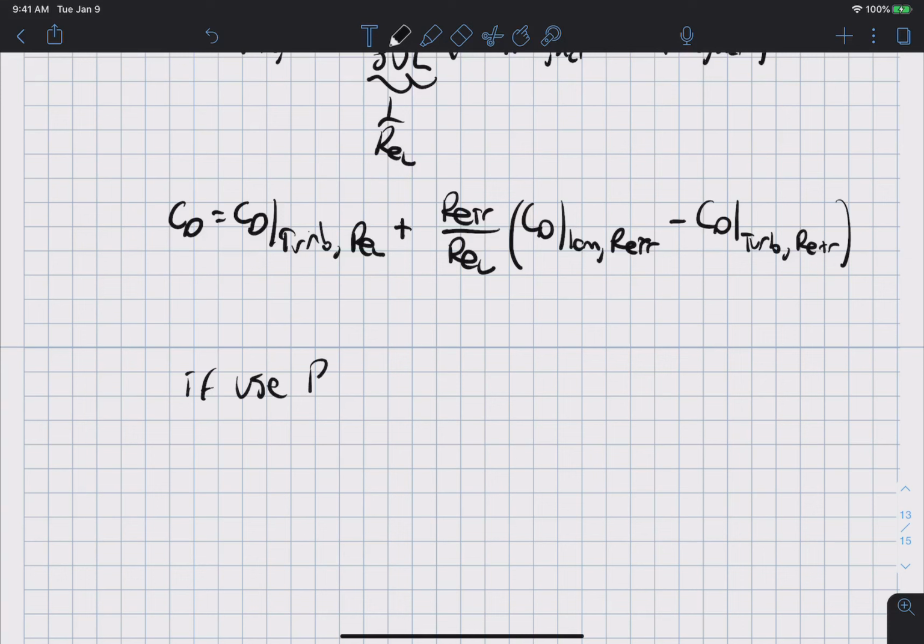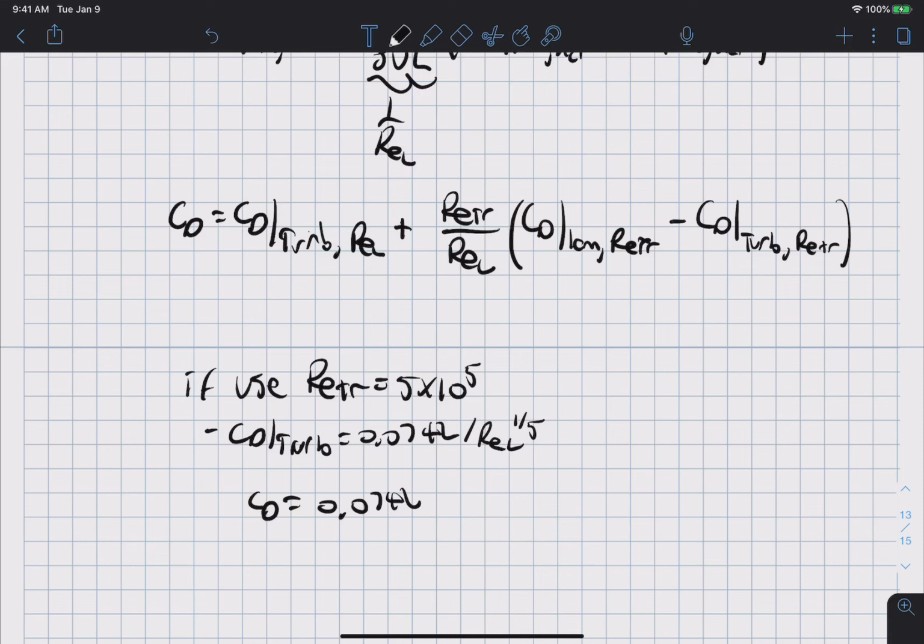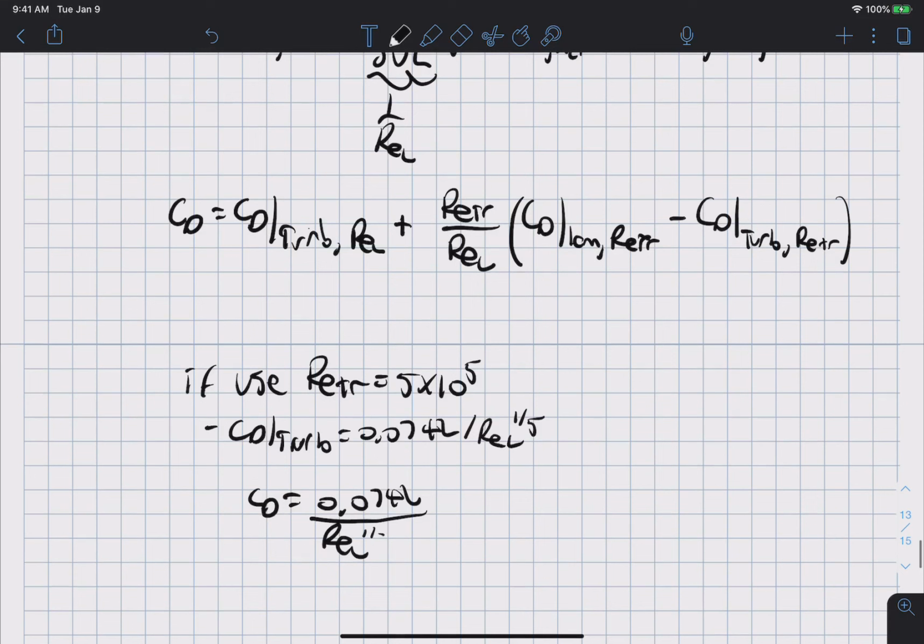So if we use RE transition equals 5 times 10 to the 5th, and there are different definitions for it, and CD for the turbulent equals 0.0742 over REL to the 1/5, we wind up with that CD is equal to 0.0742 over REL to the 1/5 power minus 1748 over REL.